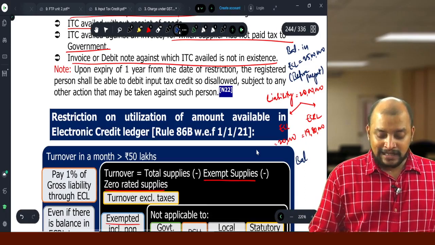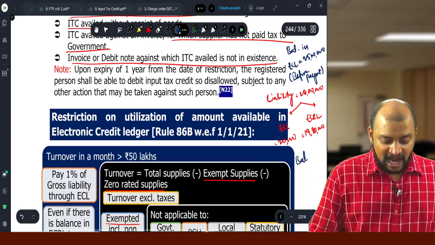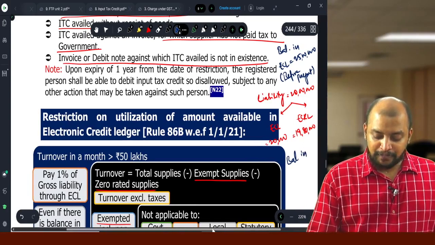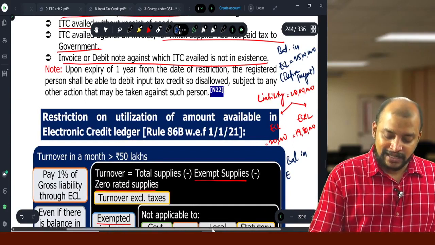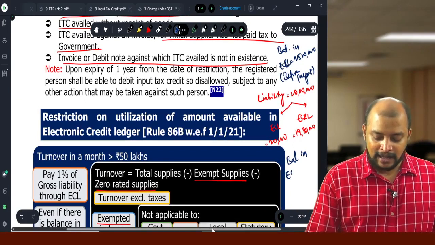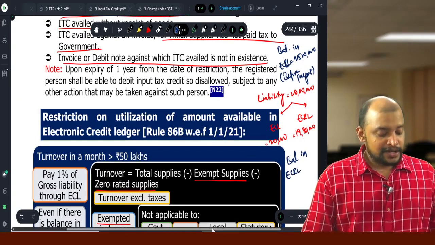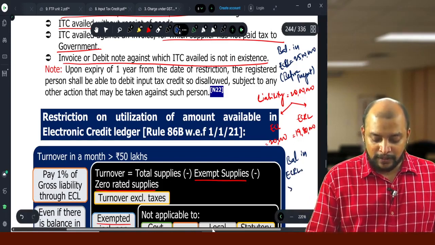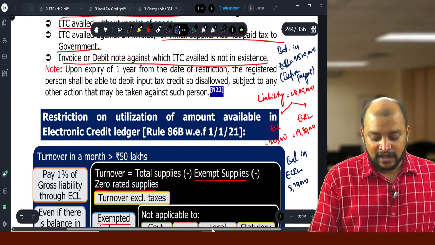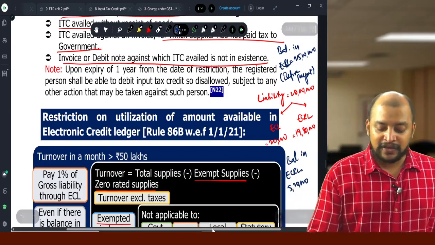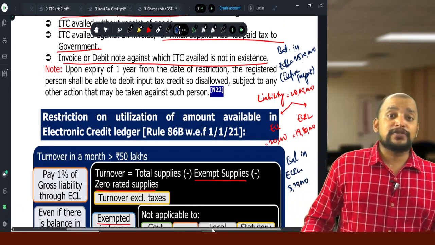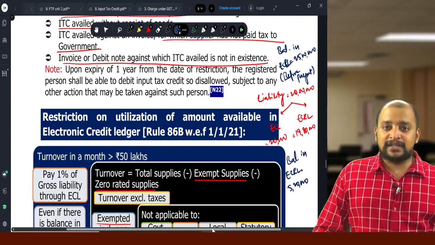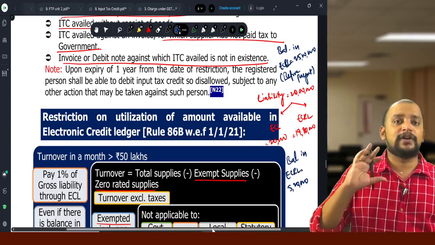What is the balance in electronic credit ledger after payment? From 25 lakhs, we are using 19,80,000, that will be 5,20,000. Actually, we can use the entire 20 lakhs, but they are telling that we can use only 99% of the liability through credit ledger and 1% we need to pay through the cash ledger. This is what we need to follow.